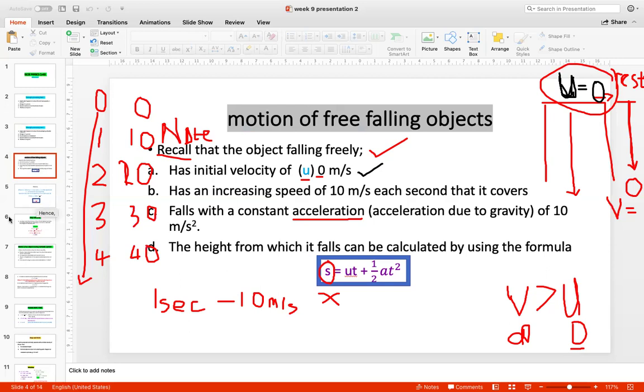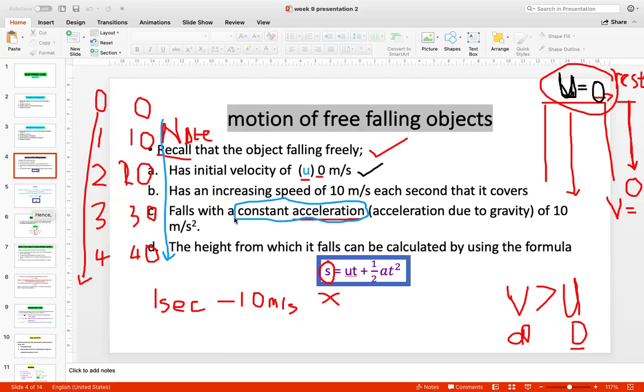Now, the change in velocity is constant. It's changing by 10 every time. Because the change is constant, we say the rate of change gives us constant, or steady, acceleration.